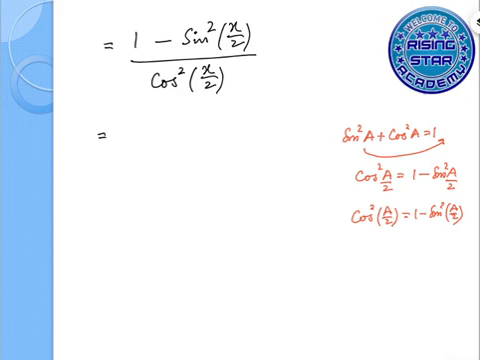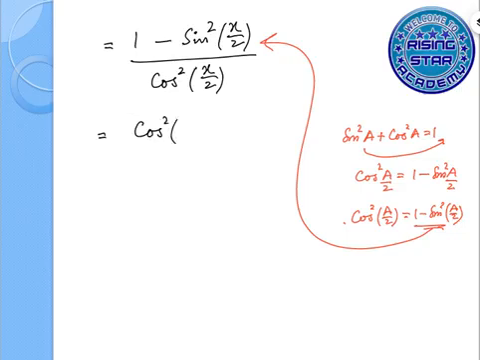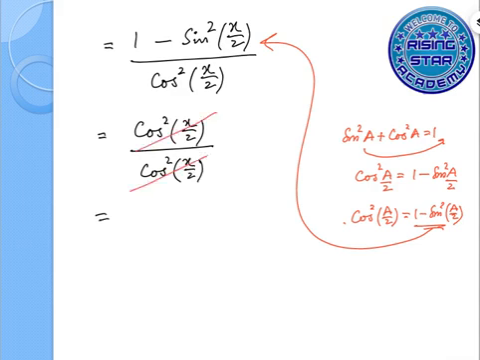Now I will replace this value over there. So that would be cos square of x by 2 over cos square of x by 2. Both are the same value, so both are going to cancel out. We have 1, that is our required right hand side.